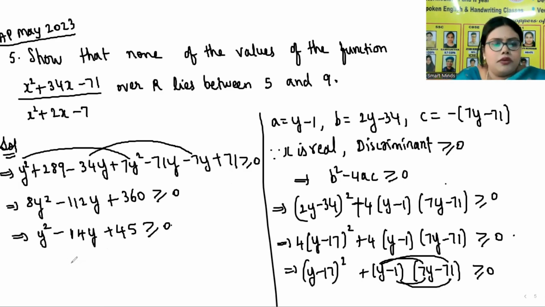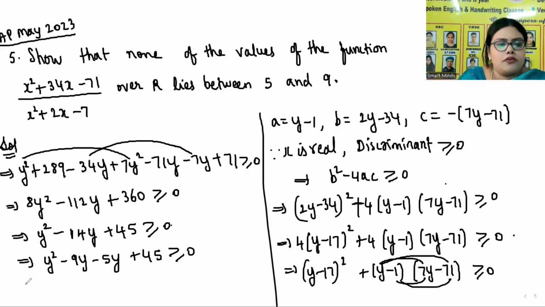Now we need to split the middle term. So minus 14: which two numbers if you multiply you get 45 and you add you get 14? So it is 5 and 9. So y square minus 9y minus 5y plus 45 is greater than or equal to 0.